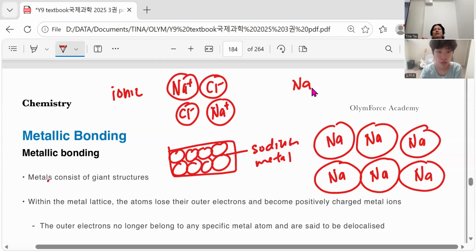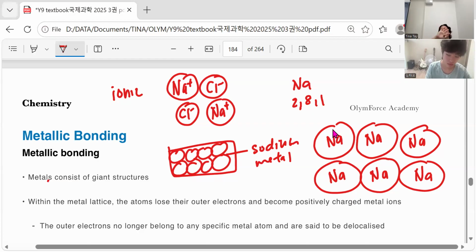What is the electron arrangement of sodium? 281, yes. Do you know why?